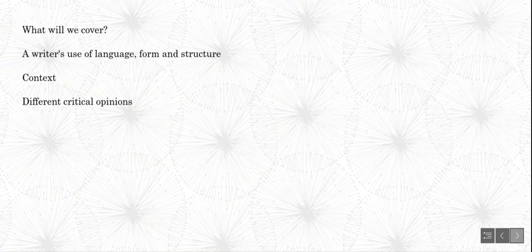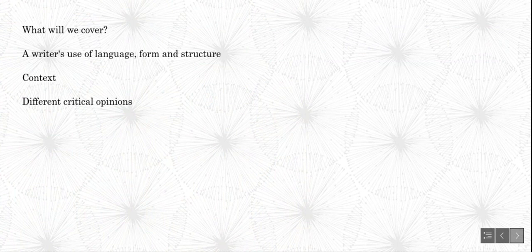The assessment objectives, as the exam board present them to us, really can be broken down for this particular unit into 3 things. We examine language, structure, form, and the way the writer presents meaning through those. And we look at context, the time, society, historical influences on the writer.